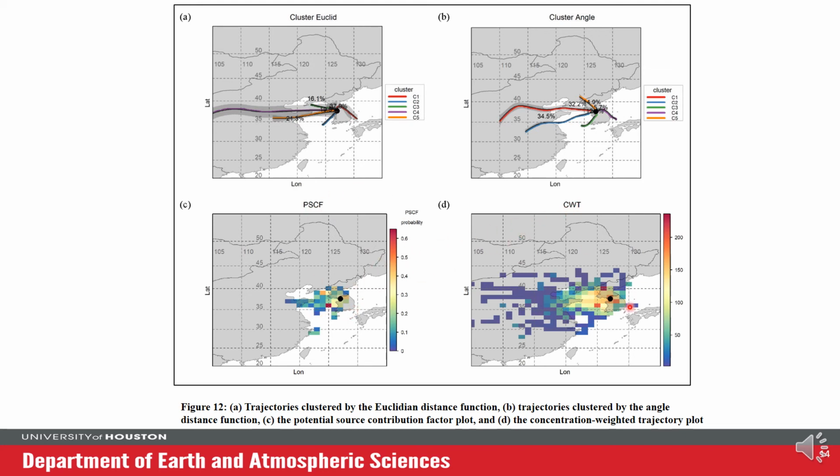So from these two types of methods, we found out that trajectories mostly pass through the Yellow Sea to come toward Seoul, and they pass through the west and southwest part of the receptor. And from the concentration weighted trajectory, we found out that, for example, some areas like Pyongyang can impact the concentration over Seoul.